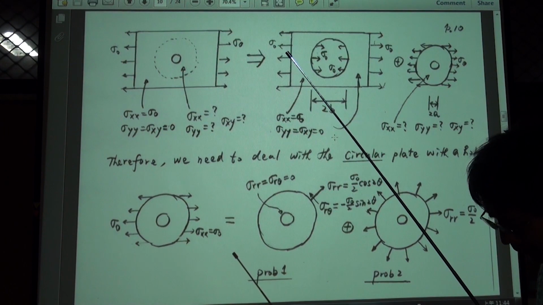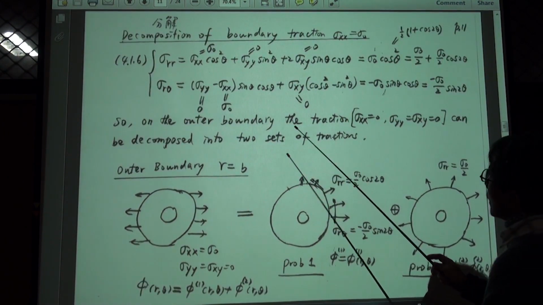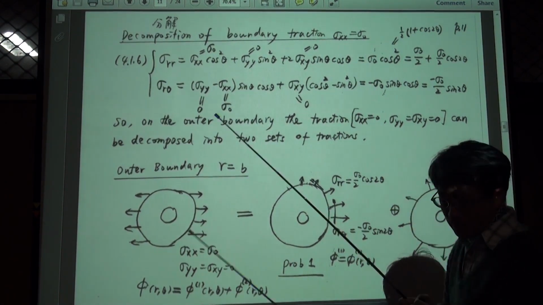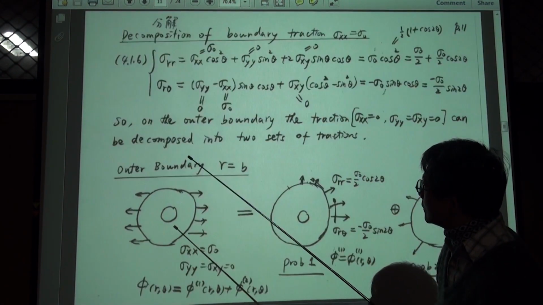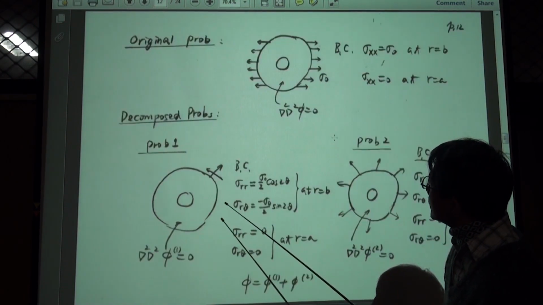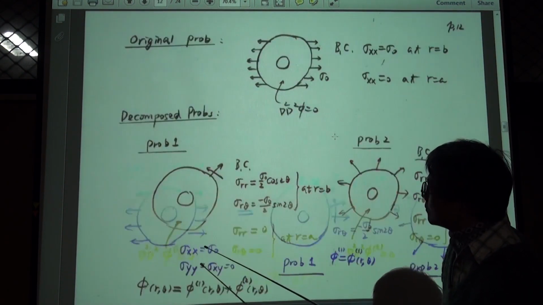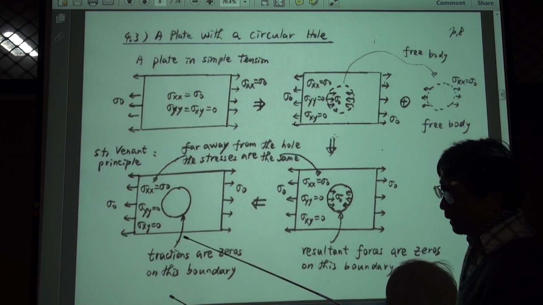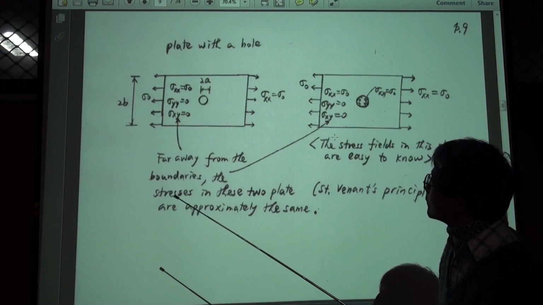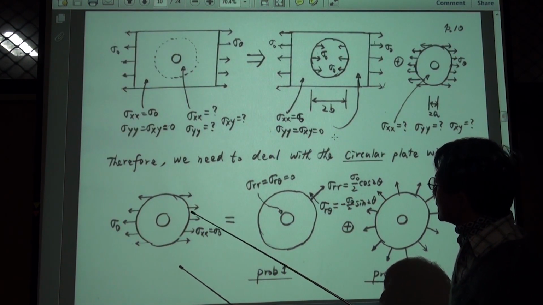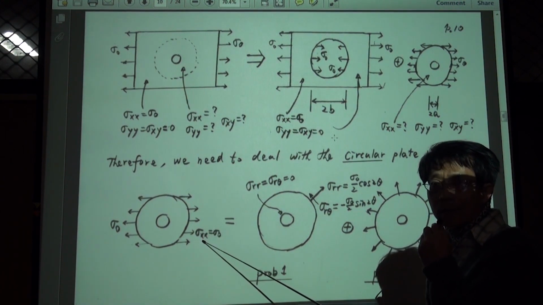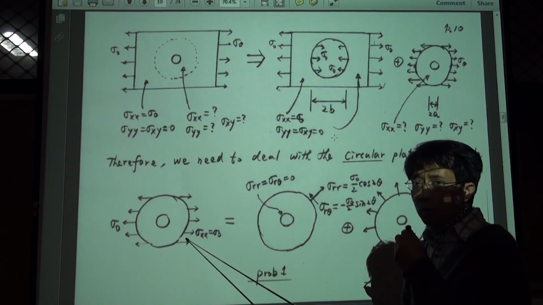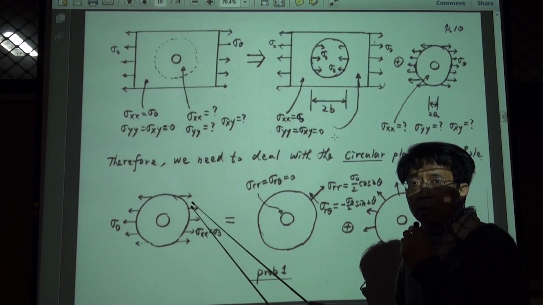Right away, here we talk about the decomposition of the boundary traction, sigma xx equals sigma 0. Yes, here sigma xx equals sigma 0, sigma yy equals 0, and sigma xy equals 0.